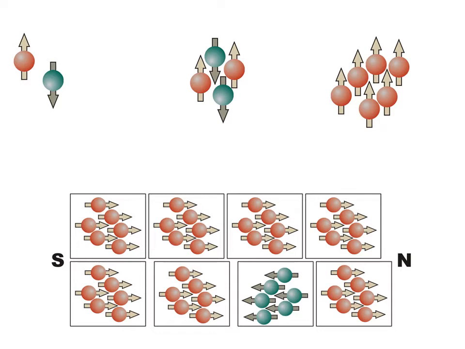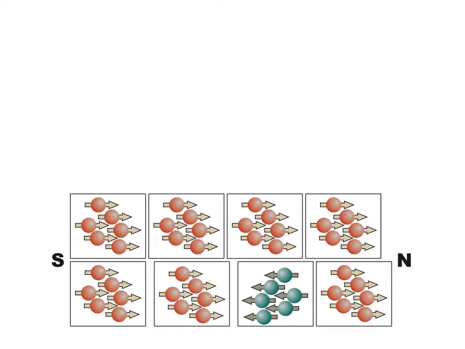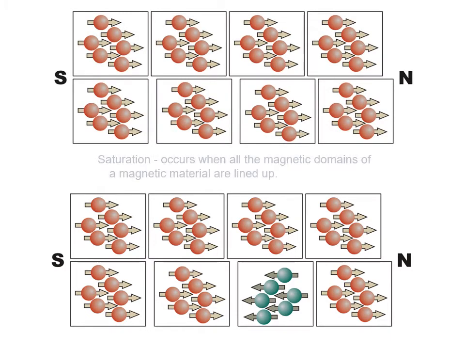You will notice in this particular material that most, but not all, of the domains are pointing the same way. If we can get all the domains in a piece of material all pointing the same way, then the material is what we call saturated.